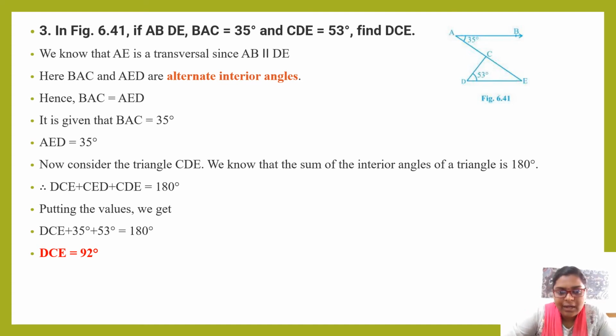So here AB and DE are both parallel lines, and this AE is acting as a transversal.